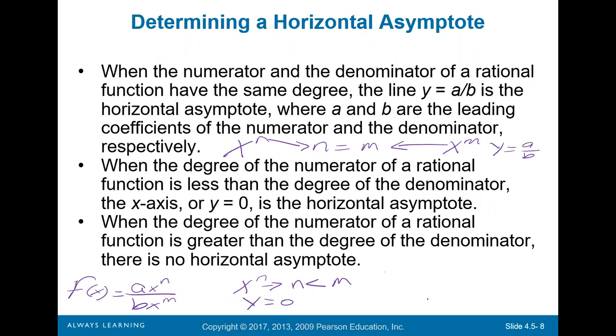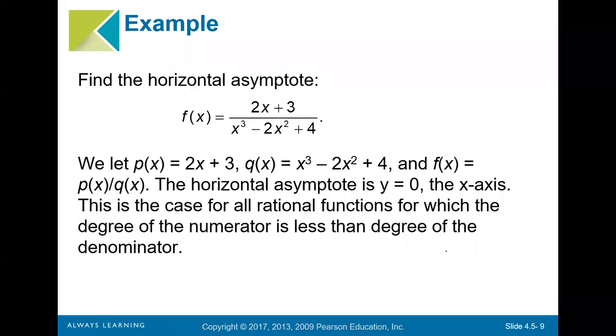My horizontal asymptote is 0. However, if the power from your numerator, n, is greater than the power from the denominator, then there is no horizontal asymptote. We have an oblique asymptote, and we will talk about how to solve for one of those in a little bit. So now let's talk about this one.